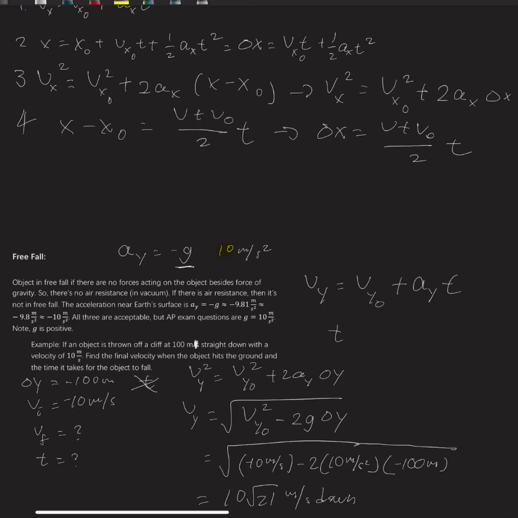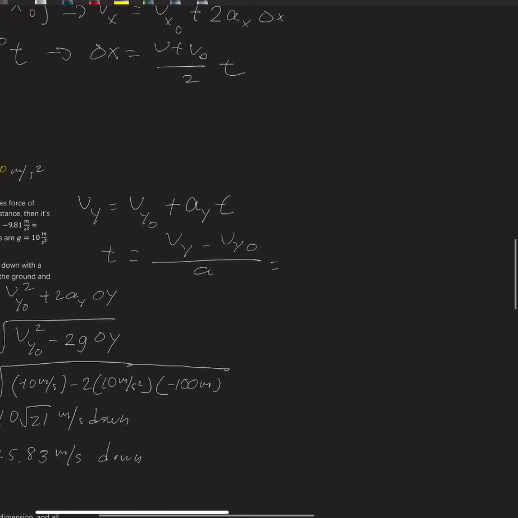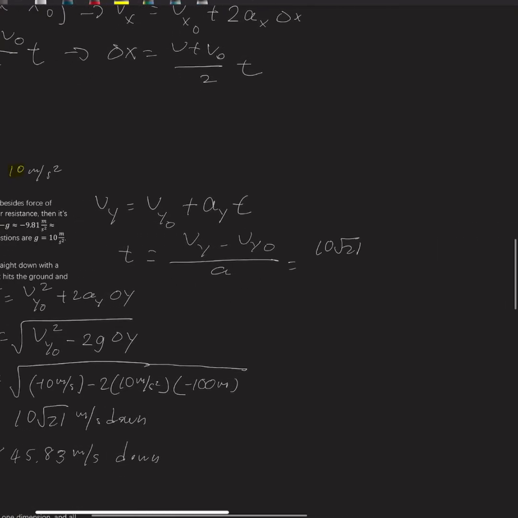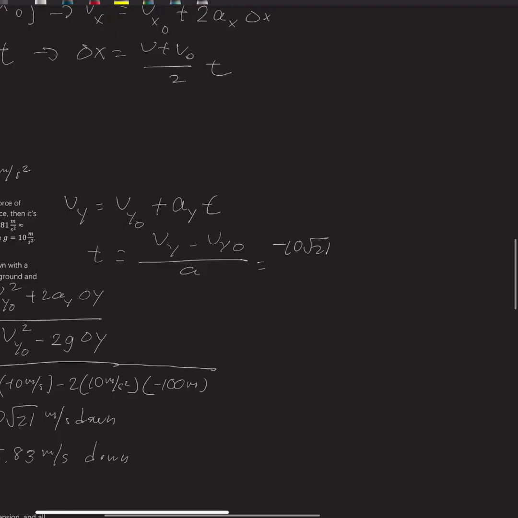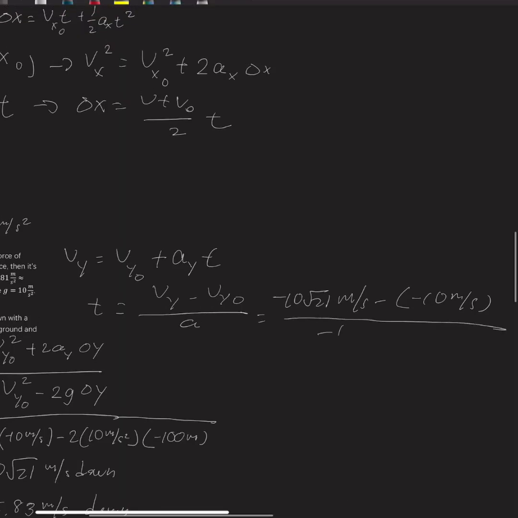So t is equal to velocity final minus velocity initial, divided by acceleration. Our velocity final is negative 10 square root of 21 meters per second, minus negative 10 meters per second, divided by negative 10 meters per second squared, which is approximately equal to 3.58 seconds.